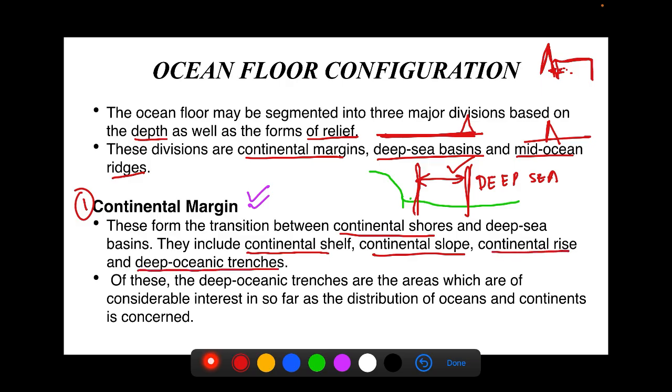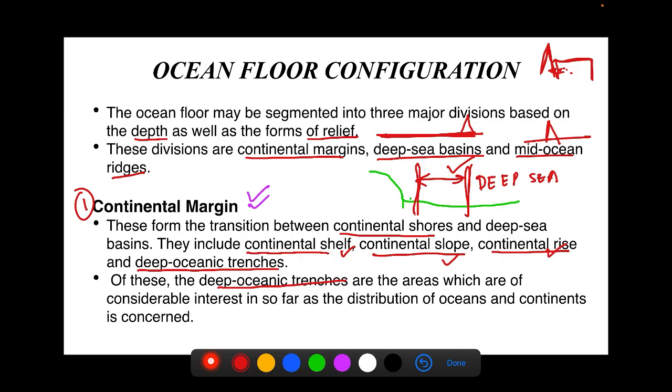The names sound similar, but these are different, and we will study the difference in the oceanography chapter. For now, we have to understand that deep oceanic trenches are the part that we are concerned with in this chapter.